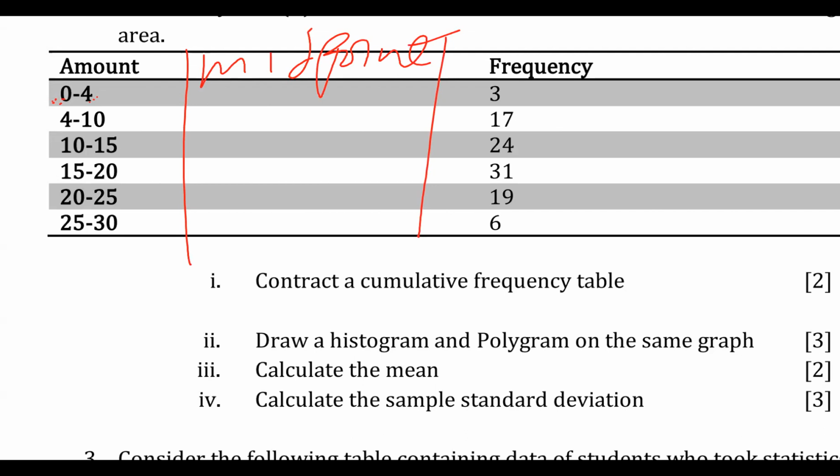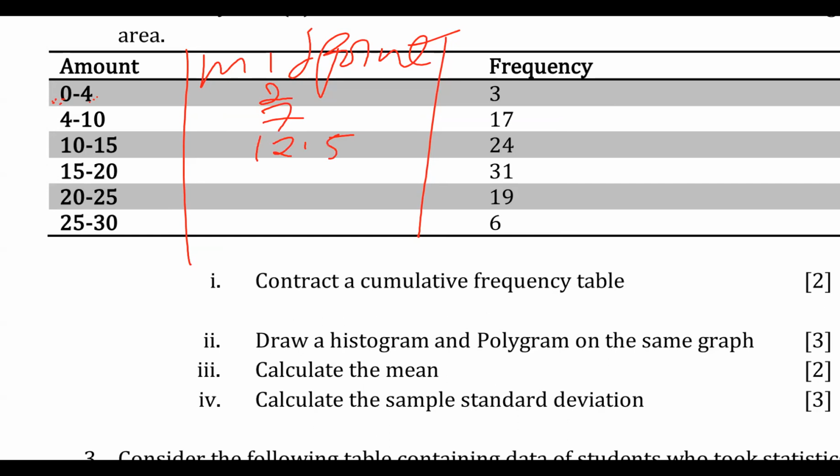So you say 0 plus 4 divided by 2. You should get 2, right? 10 plus 4 gives you 14, and 14 divided by 2 is 7. And 10 plus 15 gives you 25, divided by 2 is 12.5.